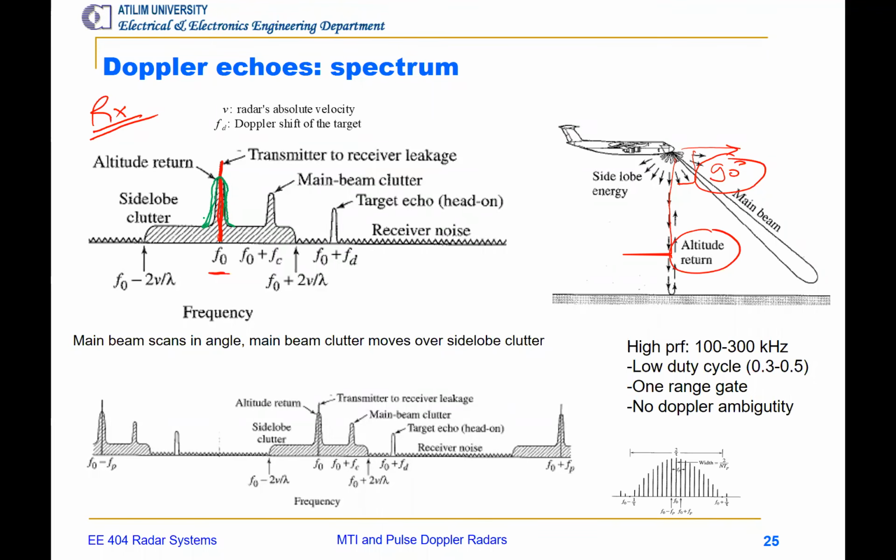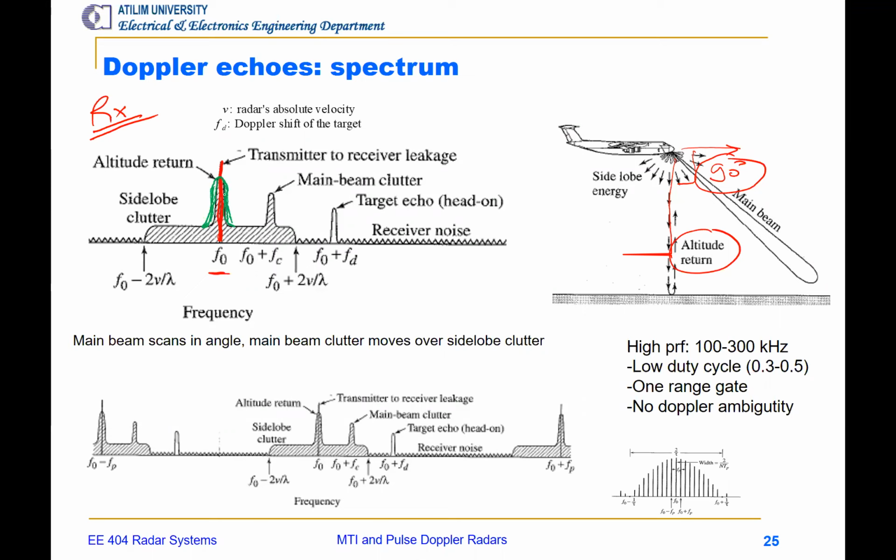Why? Because the direction of the motion of the platform is perpendicular to the direction of the altitude return. So the Doppler should become 0. A little bit spread, but it's a strong altitude return we expect.